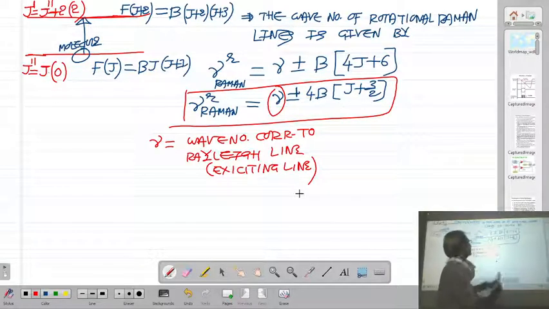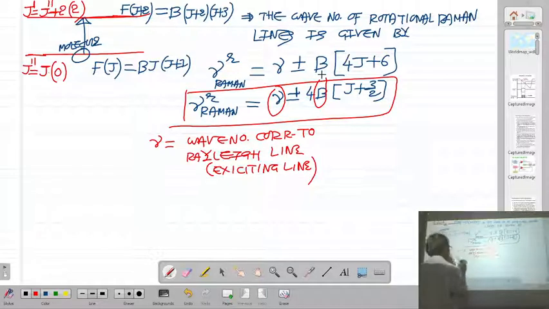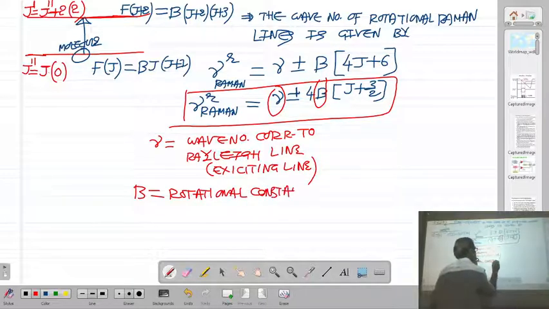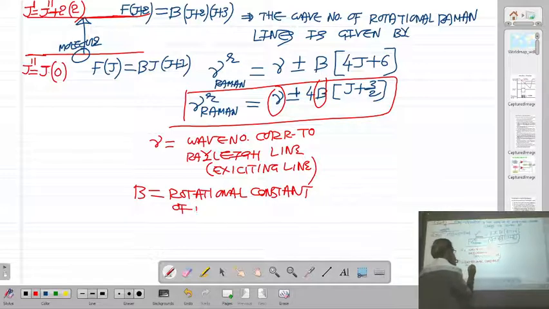And what is this B? B is the rotational constant of the molecule.